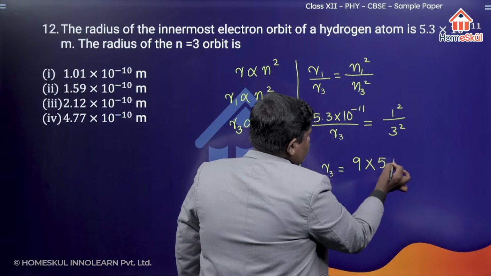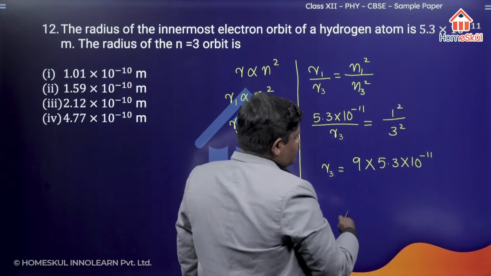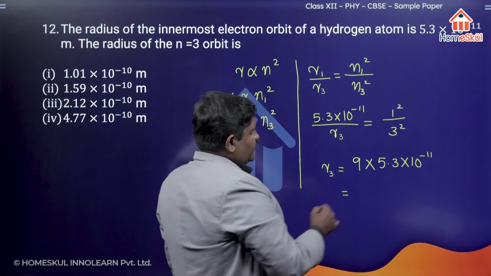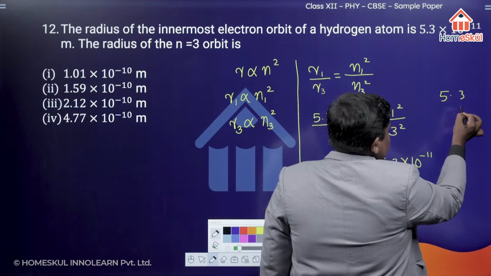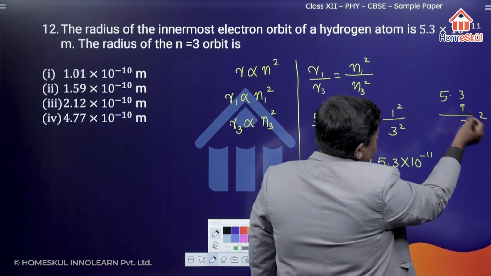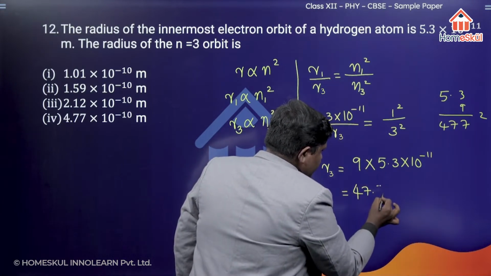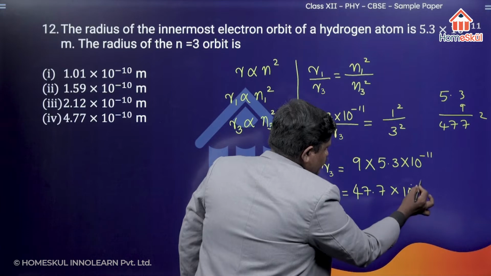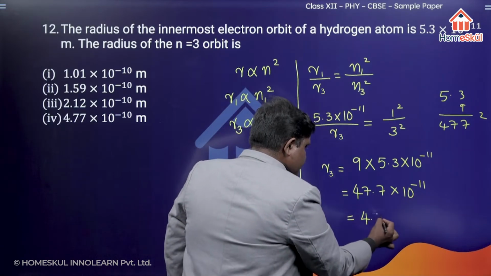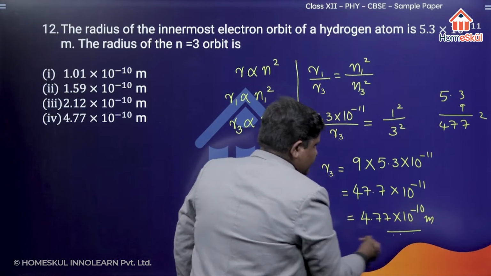9 into 5.3 into 10 raised to minus 11. 5.3 into 9 is 47.7, so that is 47.7 into 10 raised to minus 11, which is equal to 4.77 into 10 raised to minus 10 meter.